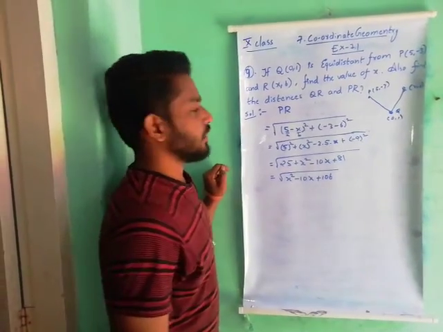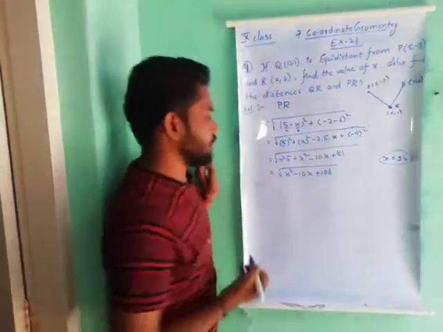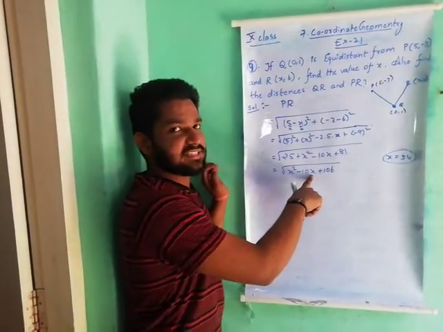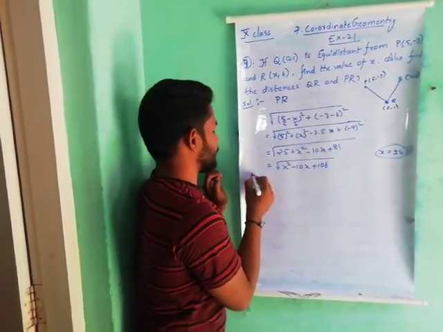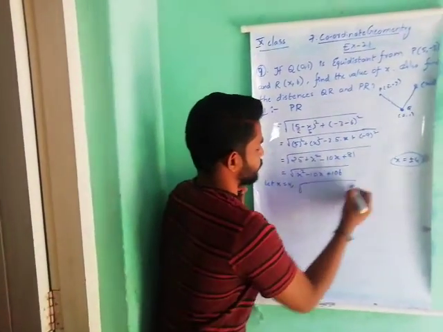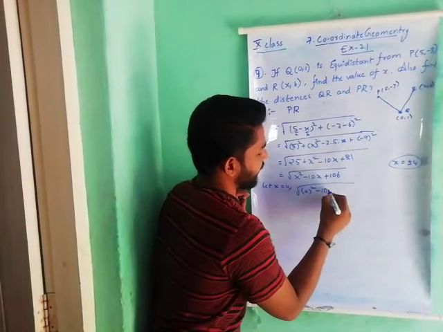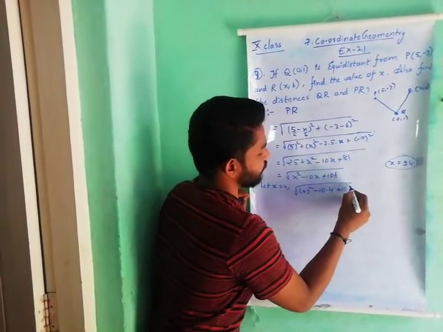We are getting x equal to plus or minus 4. So at x equal to 4: x square means 4 square, minus 10 into 4, plus 106.